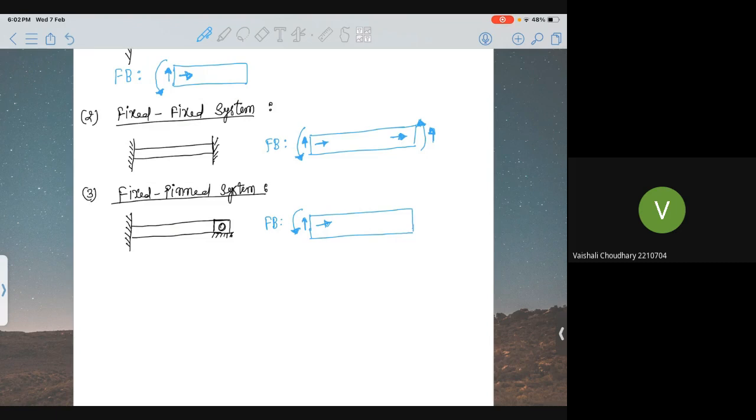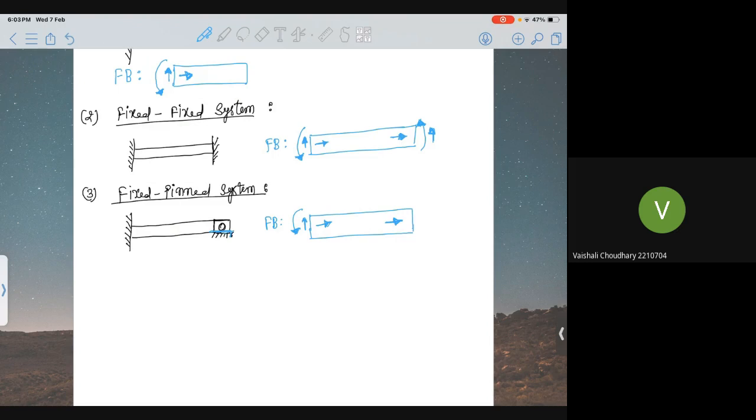But the other end is fixed to the surface, and that surface won't allow motion in the horizontal direction, so it will experience a horizontal force.